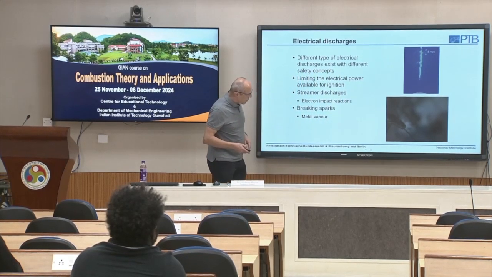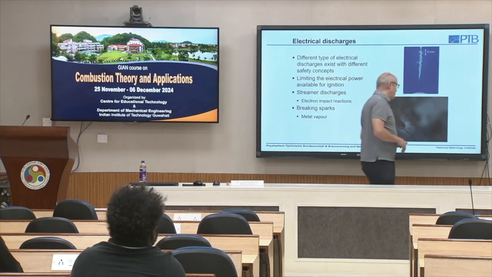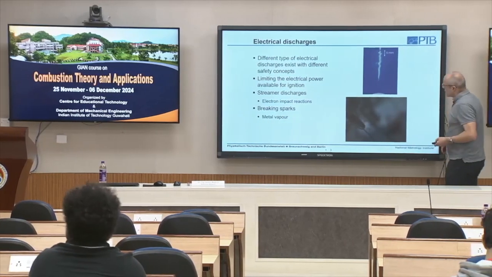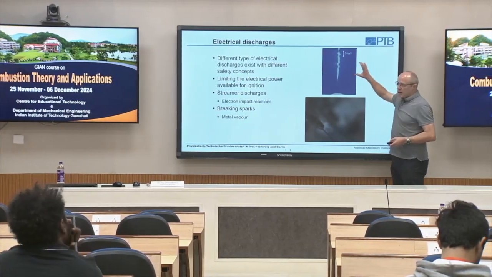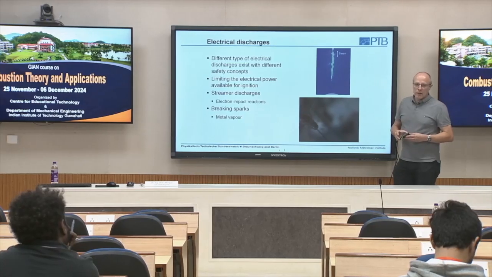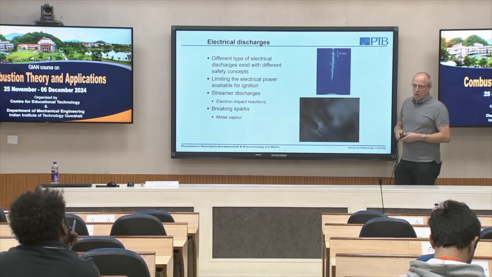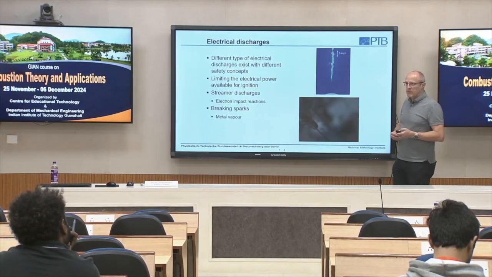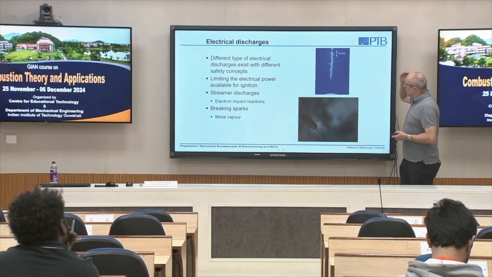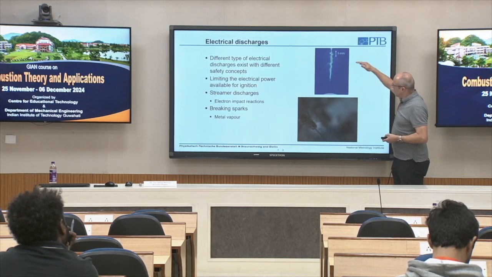Another example is the so-called opening discharge. So for a classical spark, you always need strong voltage. You have to be above the Paschen limit of several hundred volts.